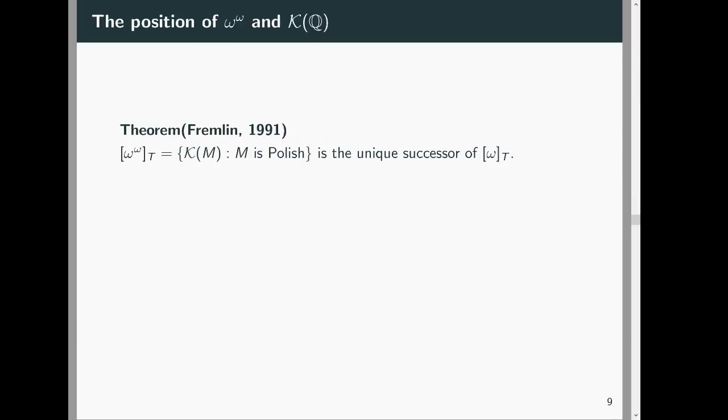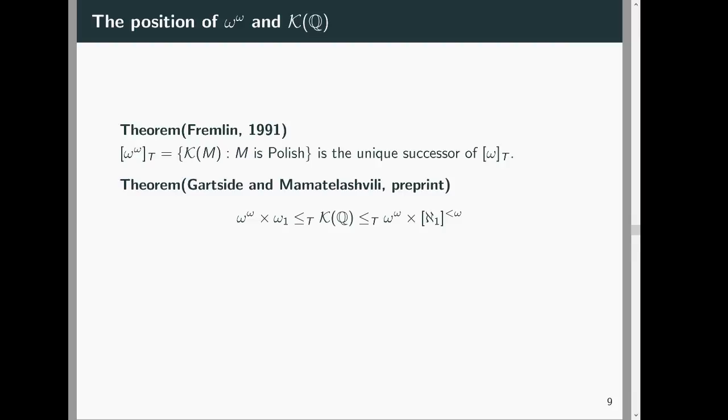And so now let's see why KQ is different. Let's see what's the difference between KQ and KP. Fremlin and Speer proved that after omega you have the unique successor, which is omega 1 times omega. And Paul and Anna proved KQ is between omega 1 to omega times omega 1 and omega 1 to omega times omega 1 to the less than omega.